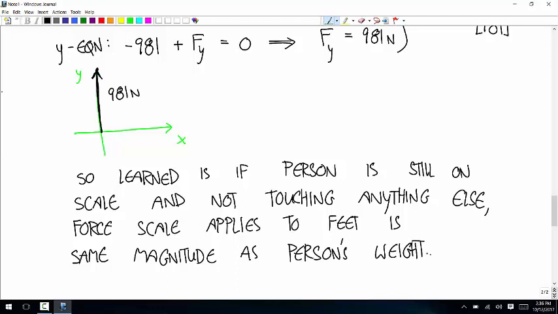And so that's how a scale works, based on that idea. The scale isn't actually measuring how hard gravity is pulling down on you. It's indirectly measuring it if these conditions are met: if there's no acceleration and if you're not touching anything else.